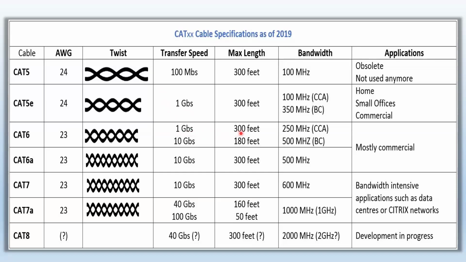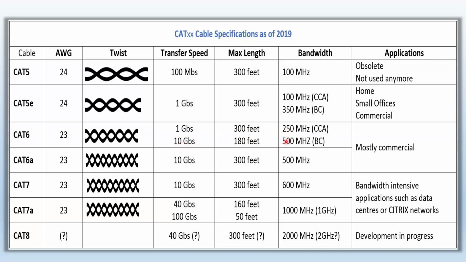And if you're installing this as an Ethernet network, it's no different than Cat5e, up to 300 feet. But if the distance is less than 180 feet, then you can get signal speed of 10 gigabits per second.